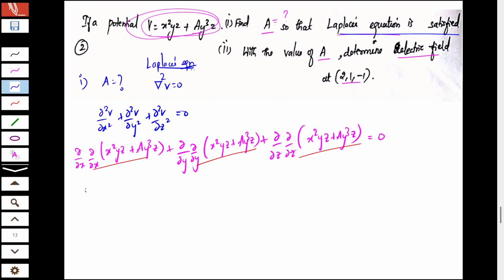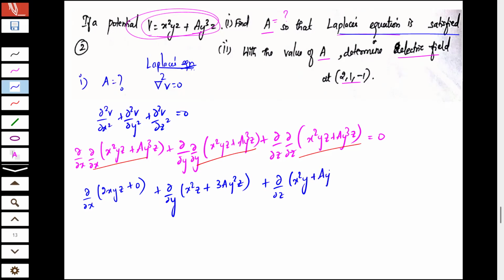So the first order differentiation will give 2xyz plus 0 for this term, and here first order differentiation with respect to y for this term will give x square z plus 3ay square z. Then differentiation with respect to z of this term will give x square y plus a y cube.